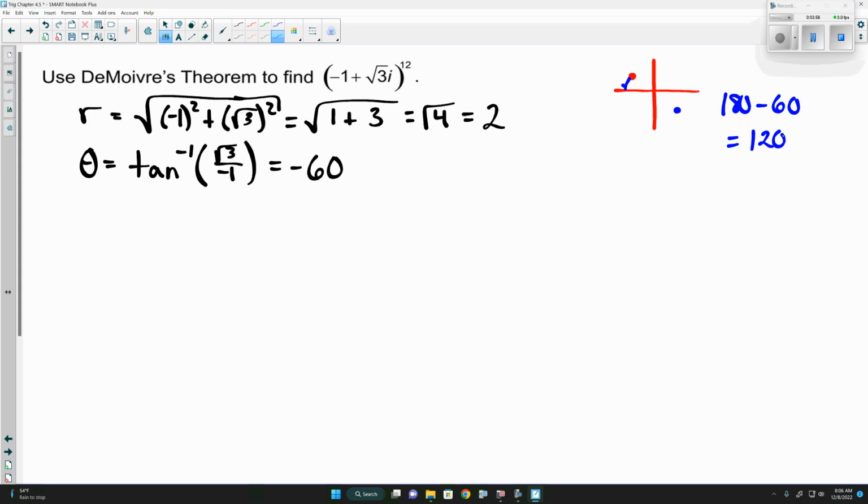Because tangent of 120 degrees would be negative square root of 3, which is what we have. So the actual angle that we're using is 120. Because we're trying to get it back into the correct quadrant.